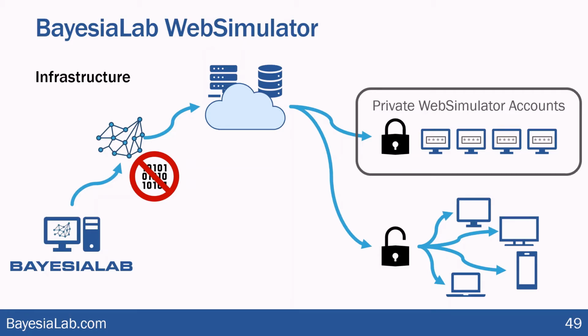And once it's there, you can make it available in two ways, either to the wider world, where you simply publish your network and then anybody can basically look at it and experiment with it, and there are many applications for that. Or in a business case simulation, you will probably only want to share that with people in your company, and then you can set up private and secure web simulator accounts where you give credentials to everybody who is supposed to see that model.